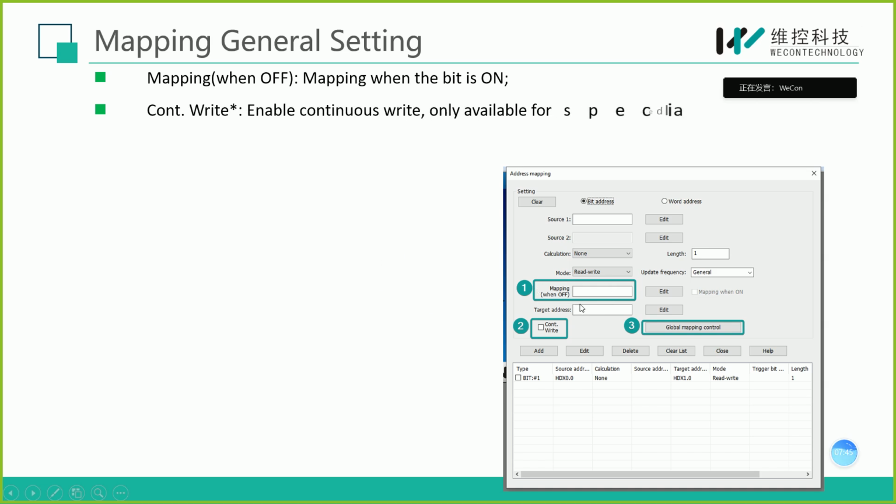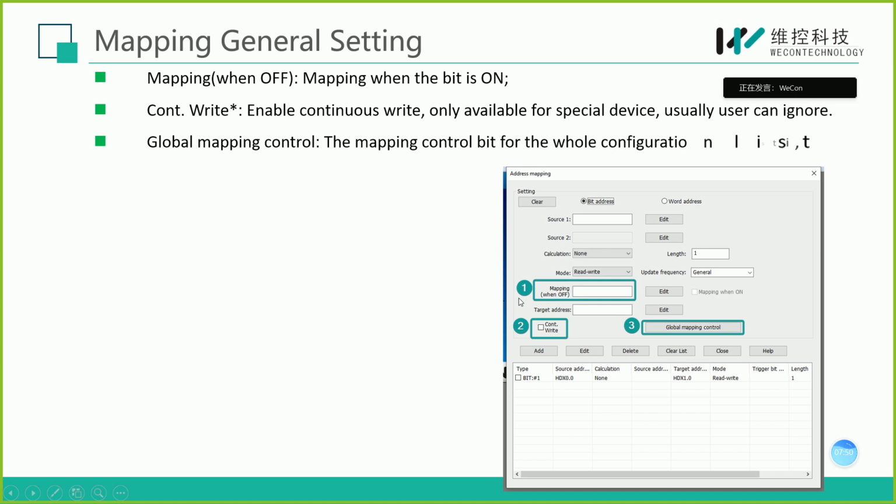And the option of mapping is like, if we enable it, it's like a mapping switch. When the switch is on, the mapping will start. And the counter write is for continuous writing, and it's only available for special devices. So generally, we can ignore this configuration.